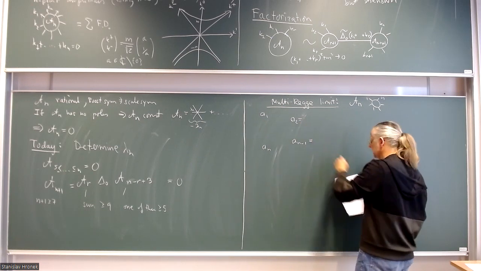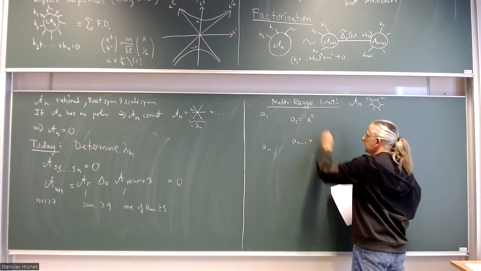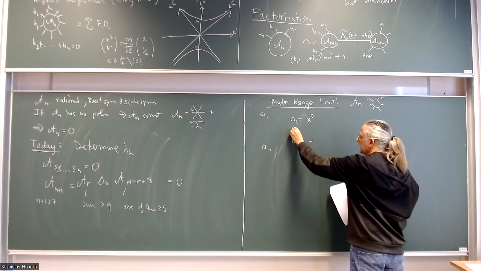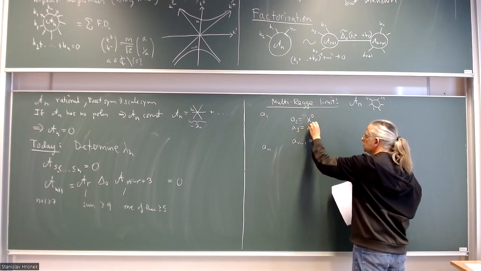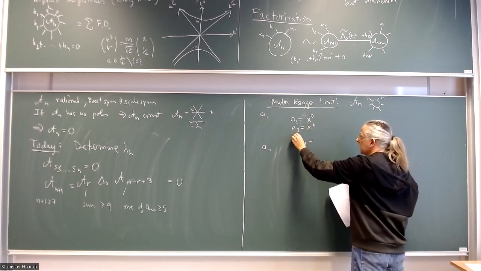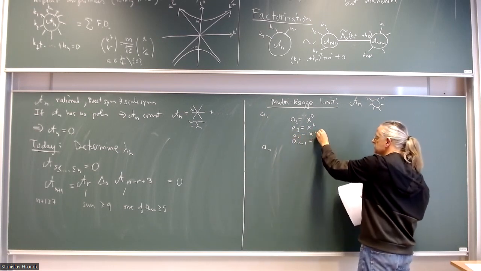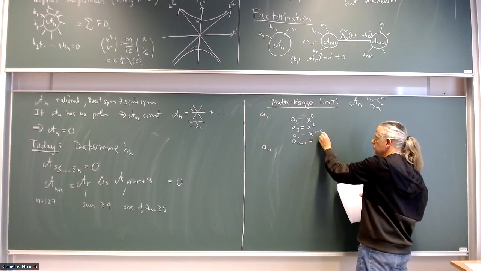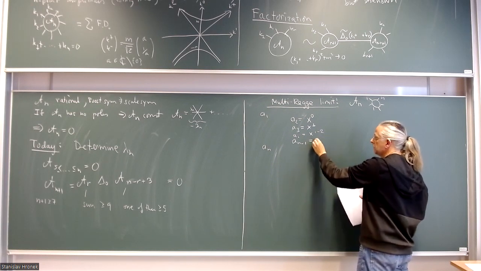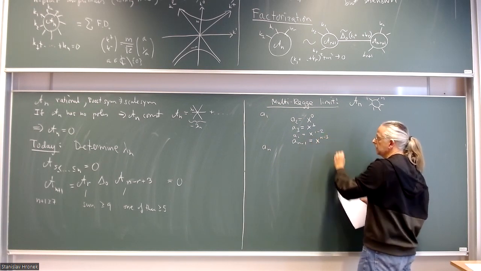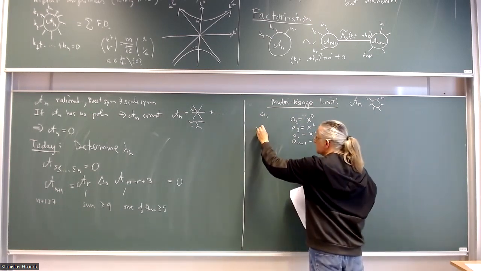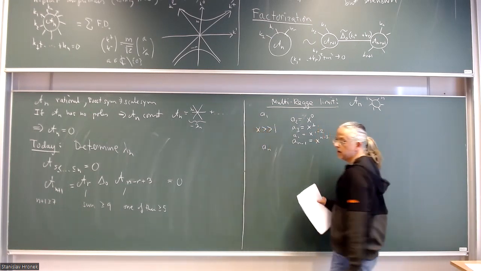So we take this one and say, okay, let this be equal to x to the 0th power, A3 equal to x to the 1st, and A_i equal to x to the i minus 2, and A_(n-1) becomes x to the n minus 3, where x is some big number.